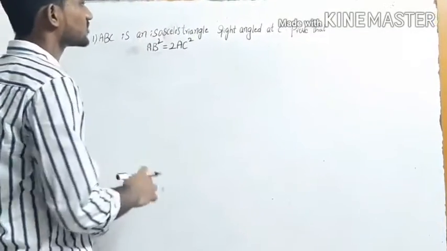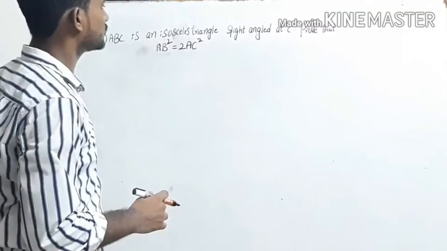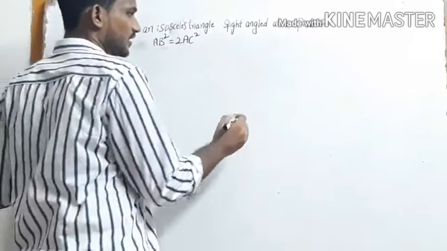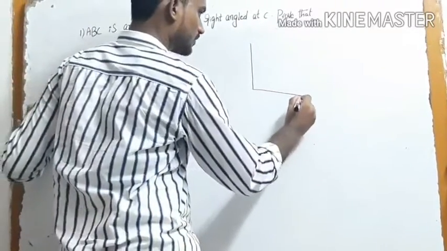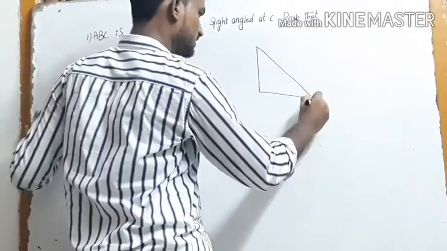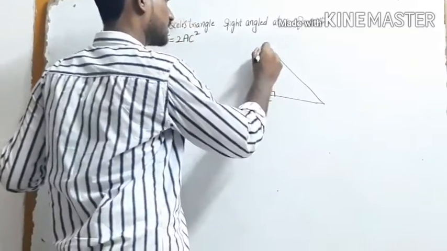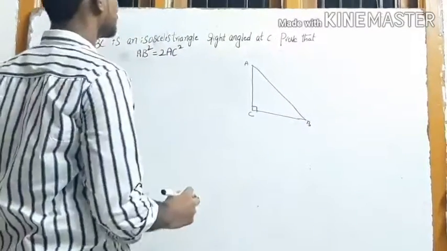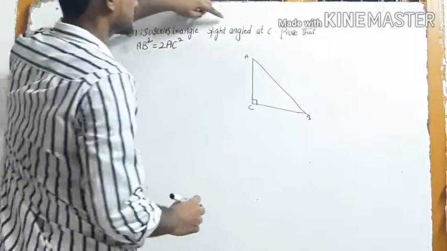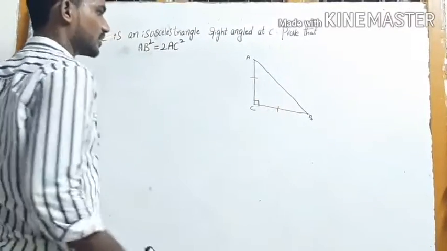ABC is an isosceles triangle, right angle at C. Prove that AB square equals 2AC square. First we can draw the triangle, a right angle isosceles triangle. Since C is the right angle, ABC is an isosceles right angle triangle, that is two sides must be equal.